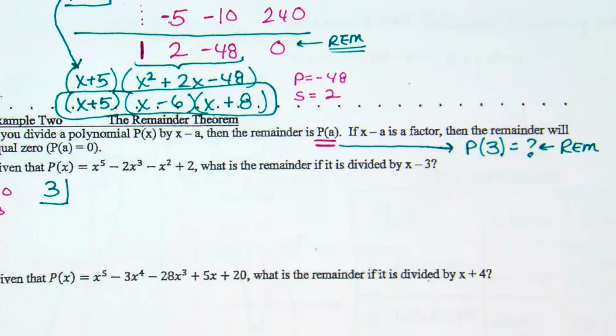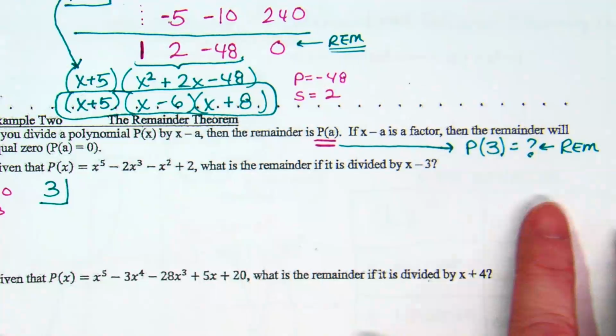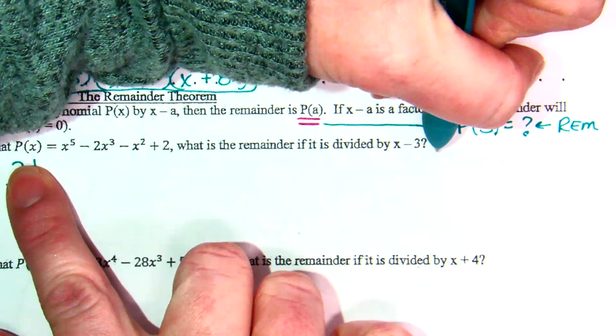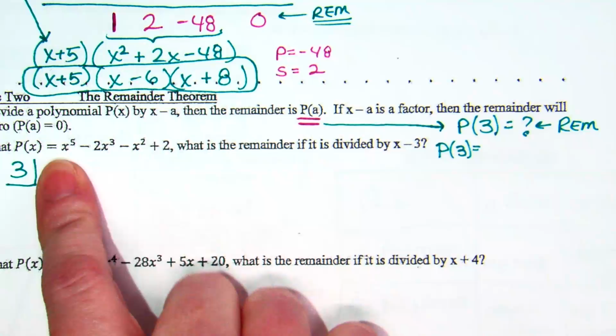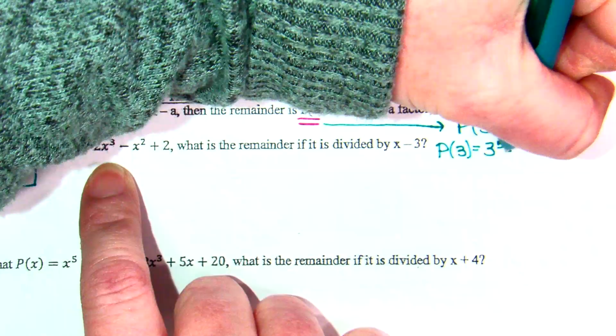So when I say find P of 3, what's my P equation right here? That means I'm going to take 3 and every place I see an x, I'm going to plug it in. So 3 to the 5th minus 2 times 3 to the 3rd minus 3 to the 2nd plus 2.